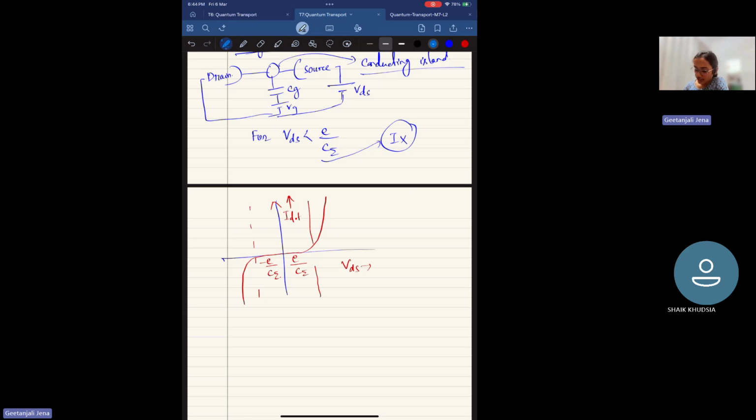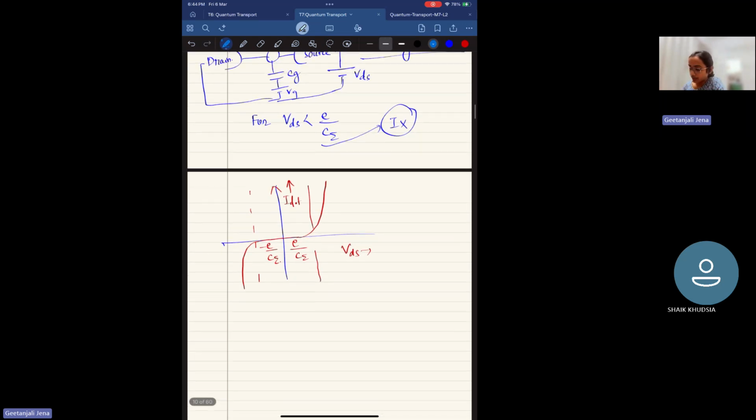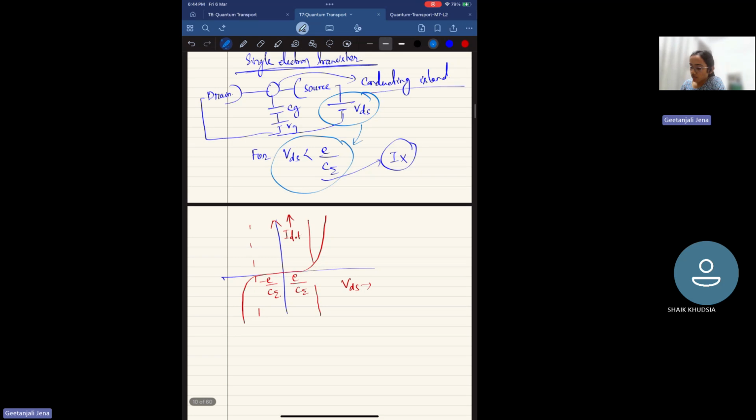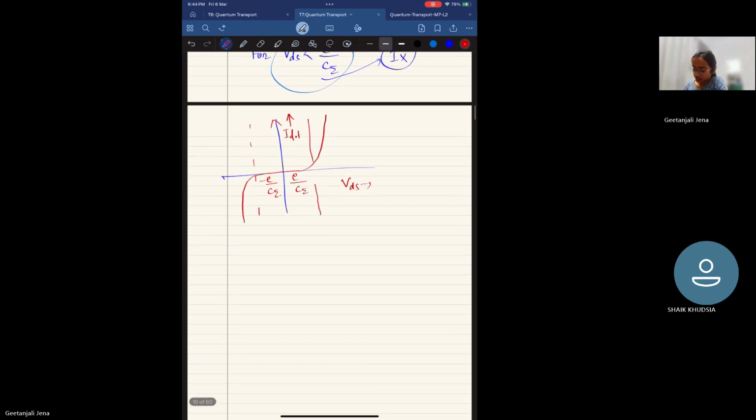Now let us see what is the effect of the gate voltage. We have seen the effect of the source drain voltage on the current, and we see that unless VDS is greater than e/Cσ, we won't see any current. After that, we'll see a current. Now we'll see the effect of the gate voltage.